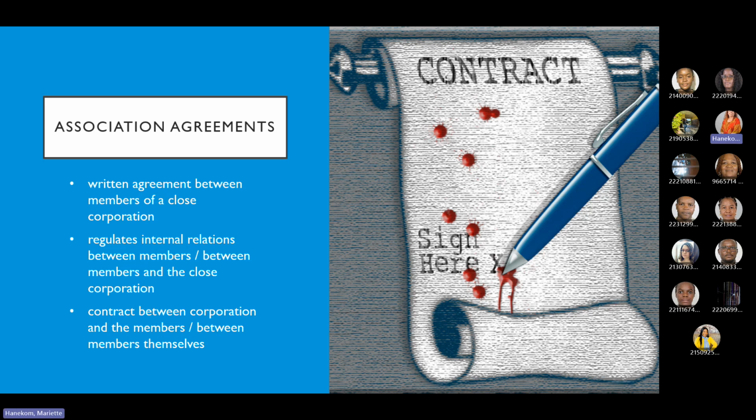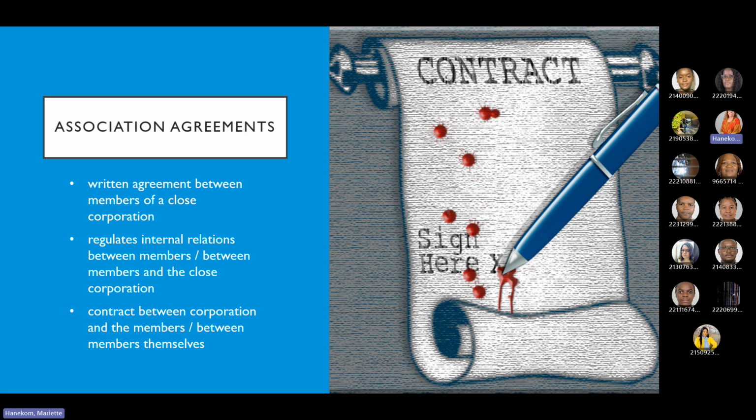We saw on Tuesday that when you register a closed corporation, there are two founding documents, namely the founding statement, which contains the important details, members' interest, etc., and an optional association agreement.